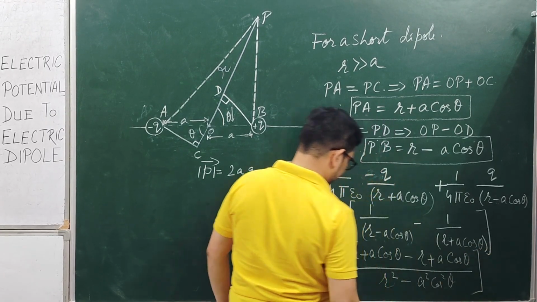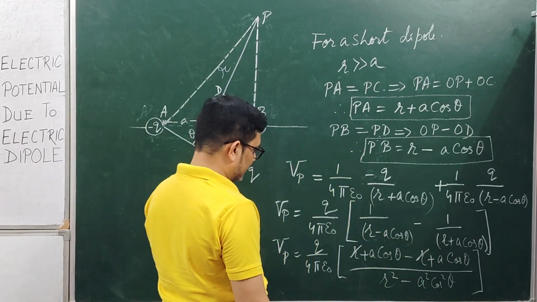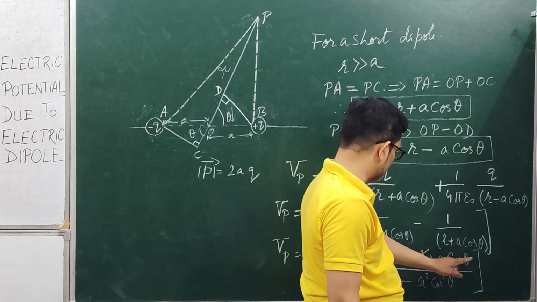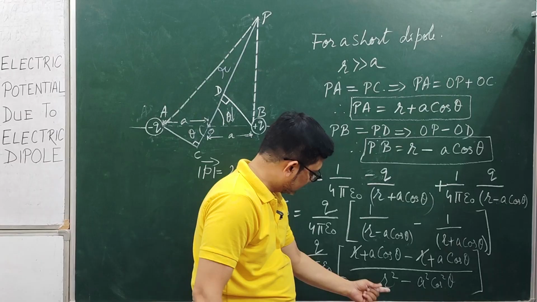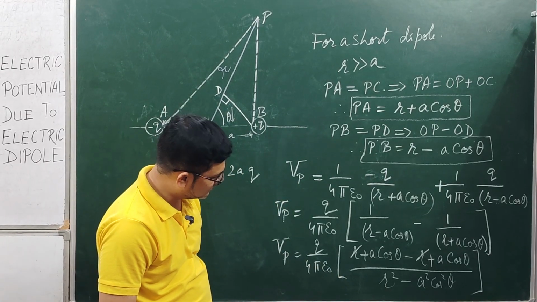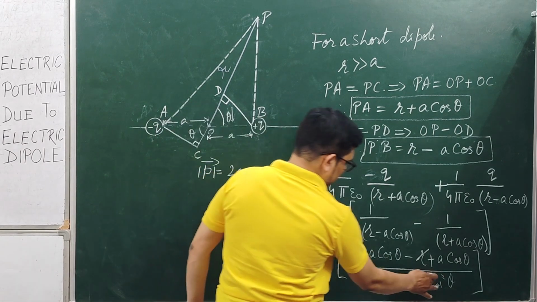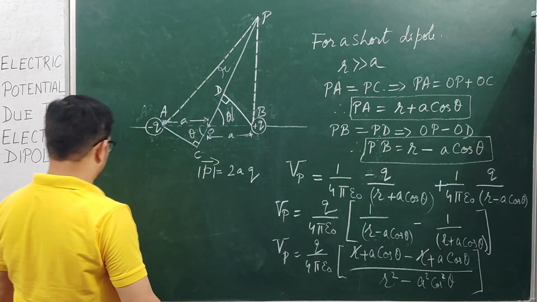This is what we get. So we see this R and R get cancelled, and we are getting A cos theta and A cos theta, which is 2A cos theta in the numerator, and in the denominator we get R square minus A square cos square theta. Okay, so let us write this expression here.